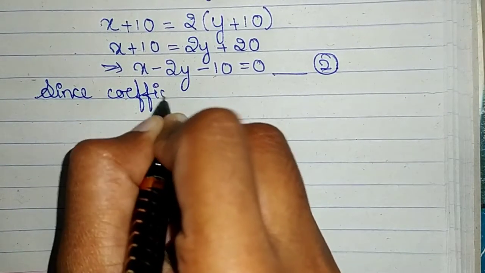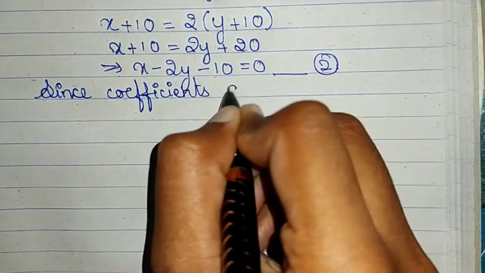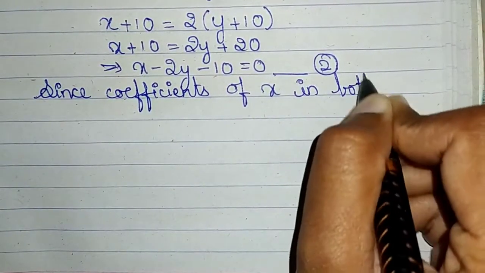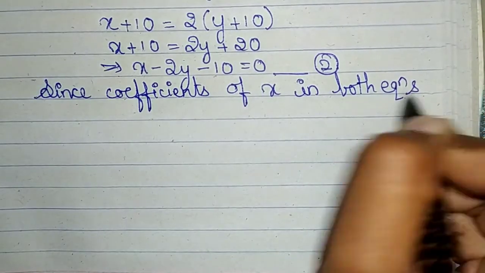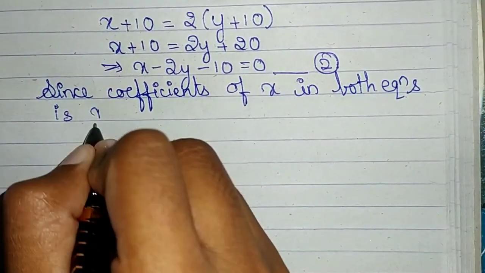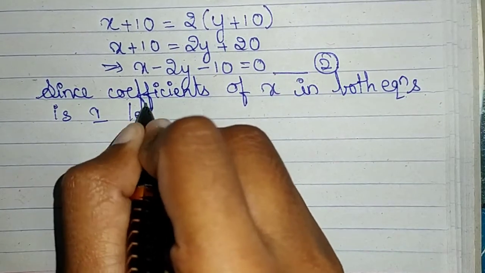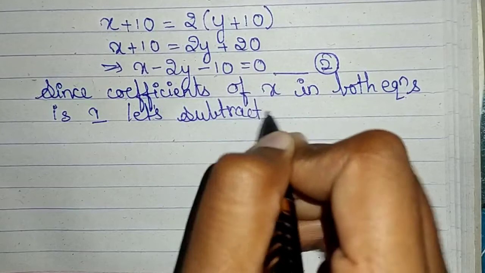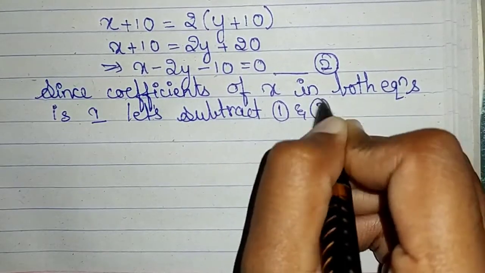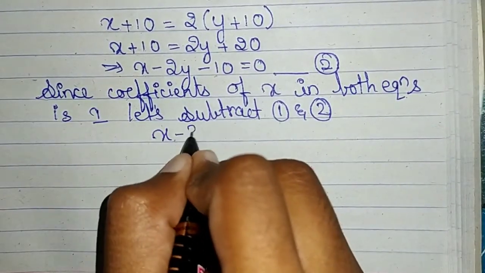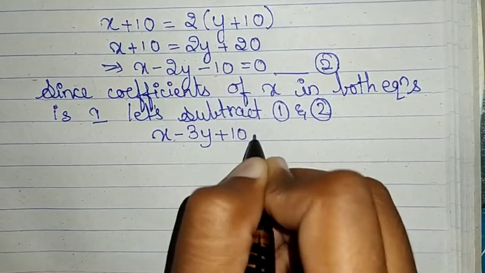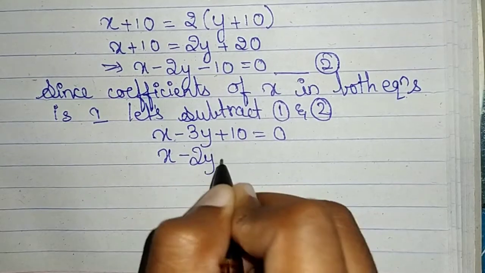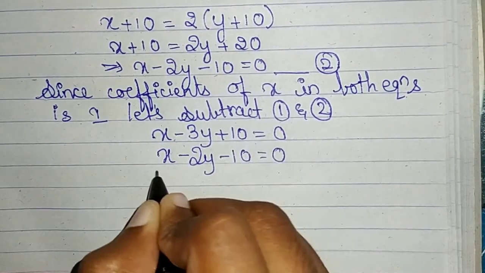So here, since coefficients of X in both equations is 1, let's subtract 1 and 2. The first equation is x minus 3y plus 10 is equal to 0, whereas the second equation is x minus 2y minus 10 is equal to 0.